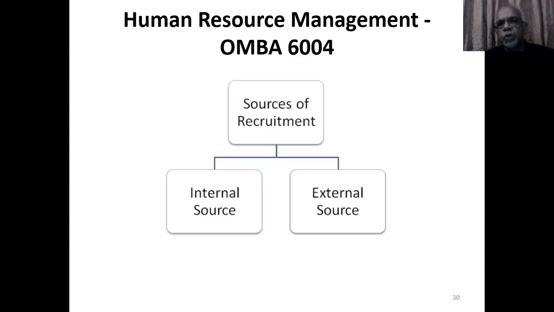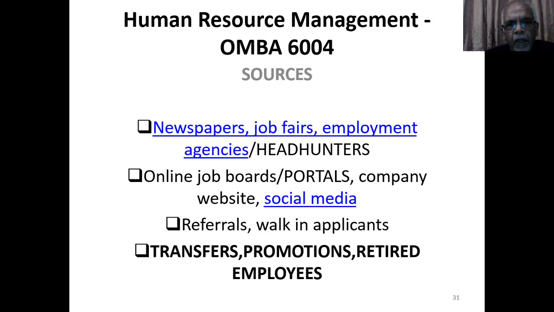Now we come to the sources of recruitment. Basically, there are two sources: the internal sources and the external source. The internal source relates to employees in the organization, and the external source relates to the external labor market. Now, how do we tap these sources?